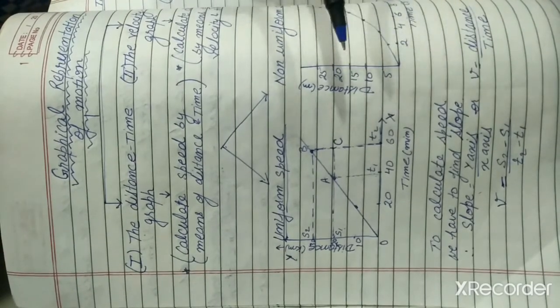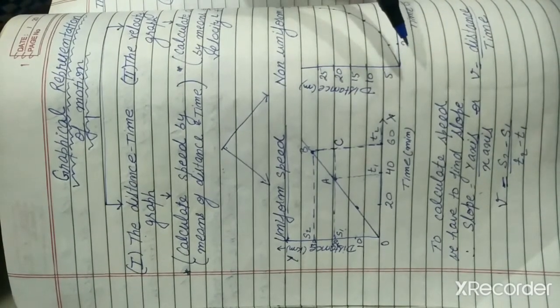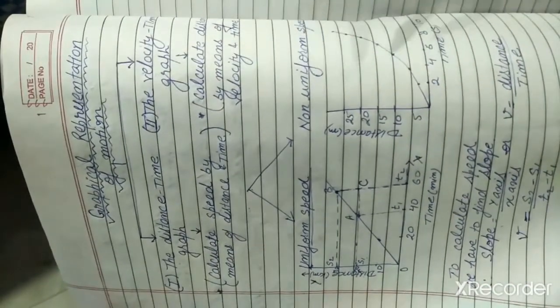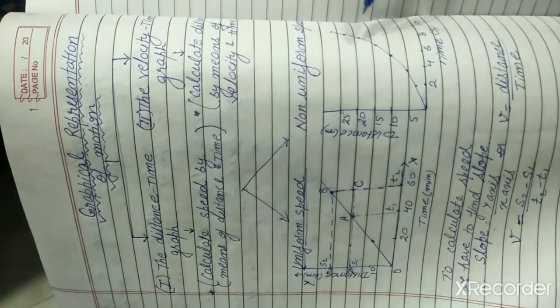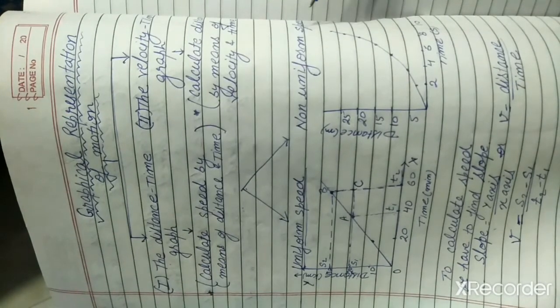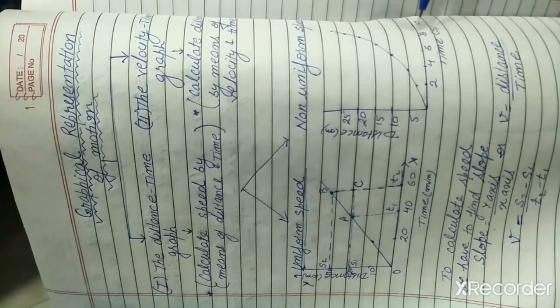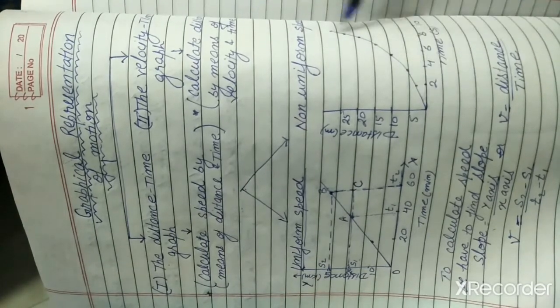In this way we can calculate the speed of an object. And the other case is non-uniform speed. Non-uniform speed or motion is when an object covers unequal distances in equal intervals of time. So we get a curve.